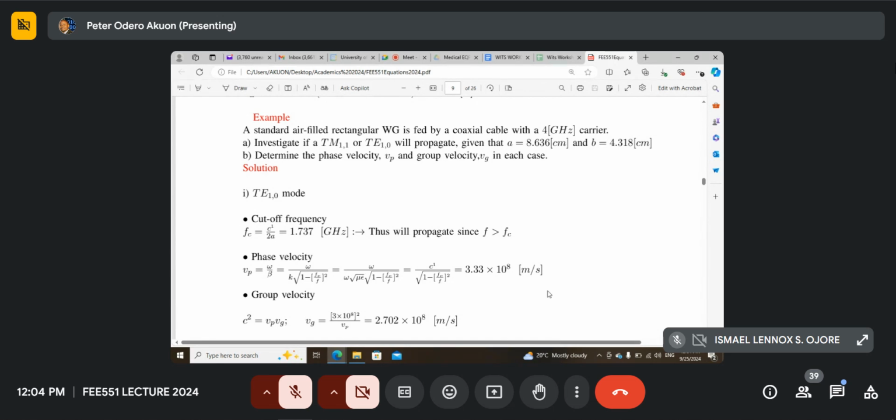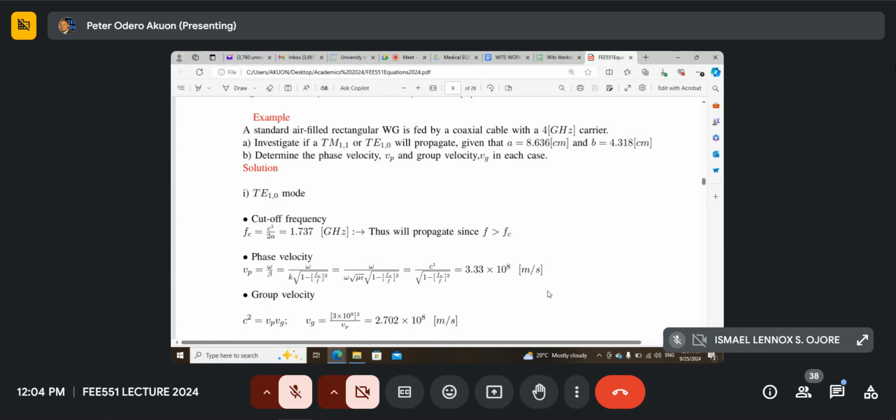So if you want to know exactly what it is, consider a carrier, and you need another wave that you modulate onto it. Then you look at the phase of that carrier. How is it changing? It will be faster than the speed of the wave. And then you look at the group, which is the envelope having a signal modulated onto it.